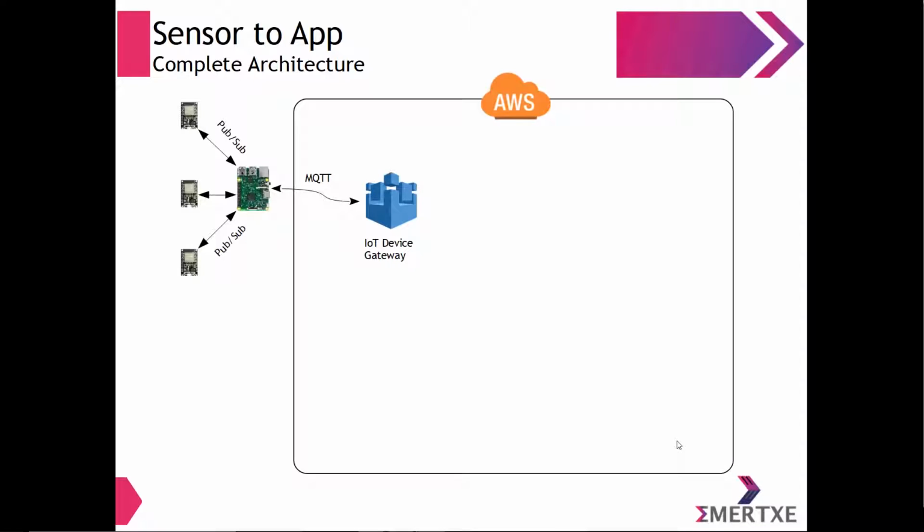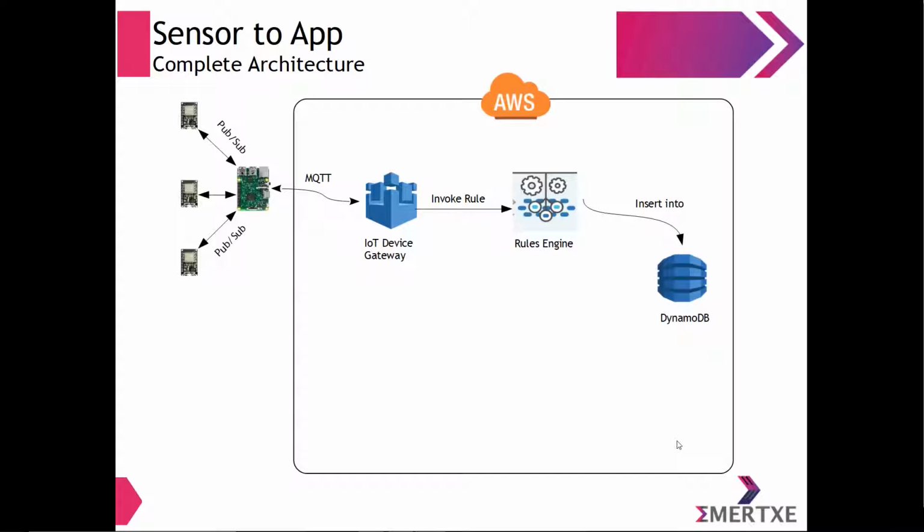This data we can handle in many ways. In our case, we're going to use this data and store it inside a database. To do that, we invoke a rule using something called the AWS Rules Engine, which is part of the AWS IoT Core platform.